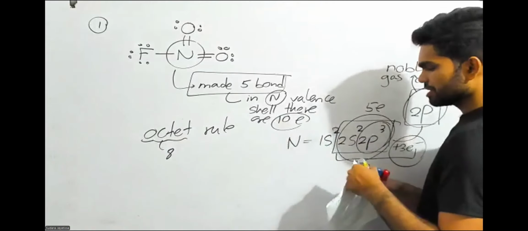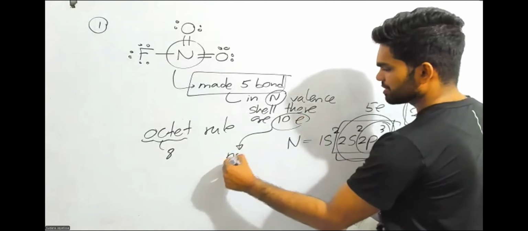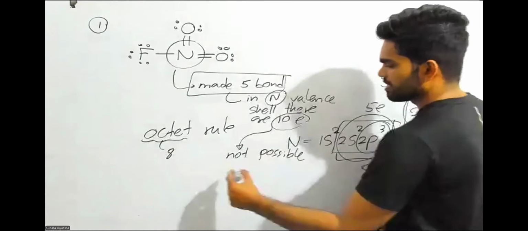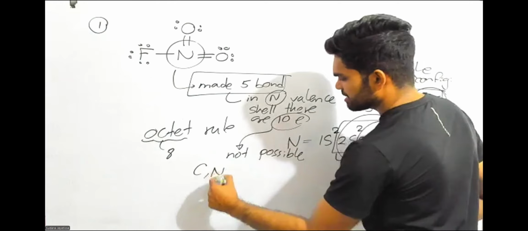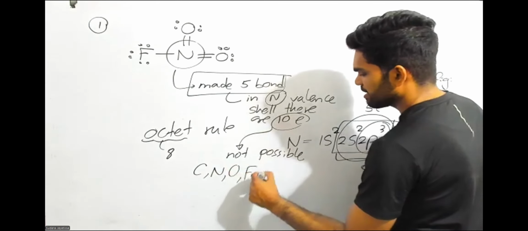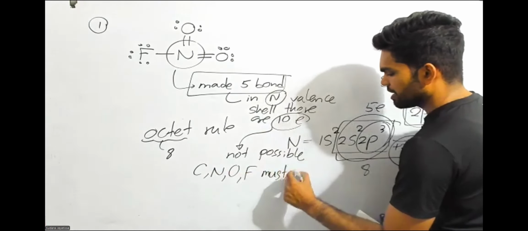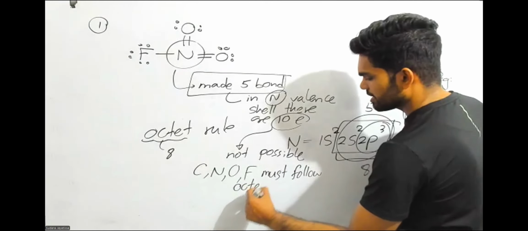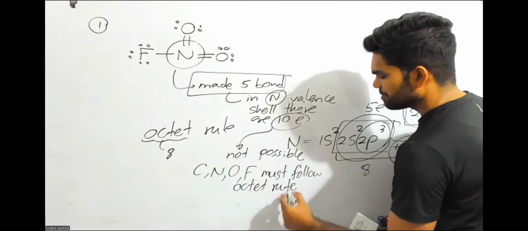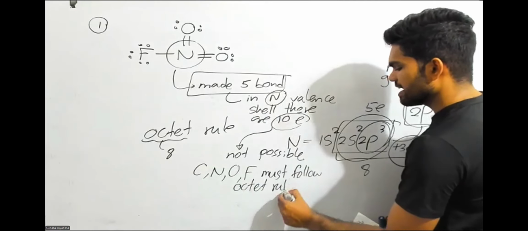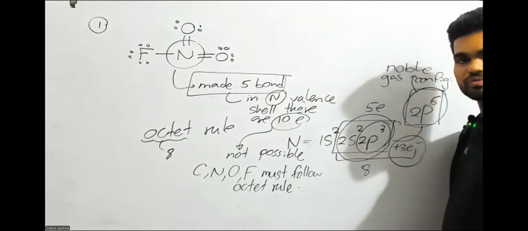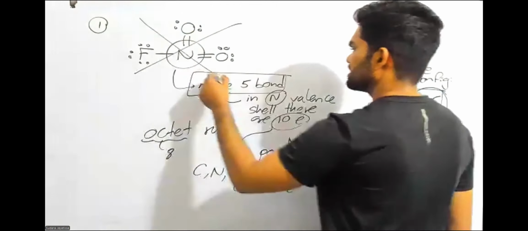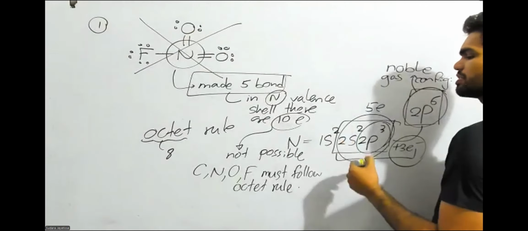That is not possible, because carbon, nitrogen, oxygen, and chlorine must follow the octet rule. They can't keep more or less than 8 electrons. Therefore, this structure does not exist. It is wrong.